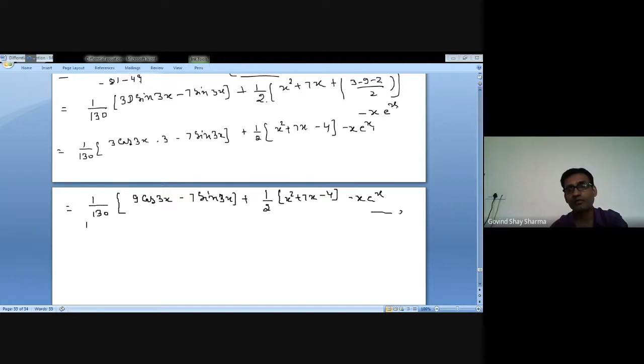This is our PI. I know that PI is very lengthy and the terms are so lengthy, but we have to simplify it. We need not simplify too much. This is sufficient.